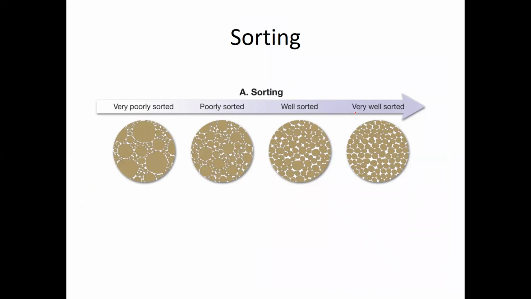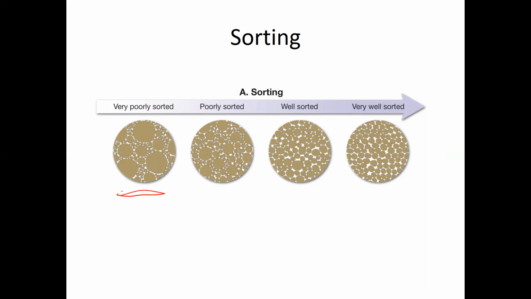So whenever sediment is deposited by one of those three modes, running water, glaciers, or wind, it could have different variations of sorting. Now, the sorting of sediment is how uniform the grain size of the sediment is. So very poorly sorted sediment is sediment deposits with a large variety of grain size. So you have very large pieces and medium size and small pieces, all mixed in with each other.